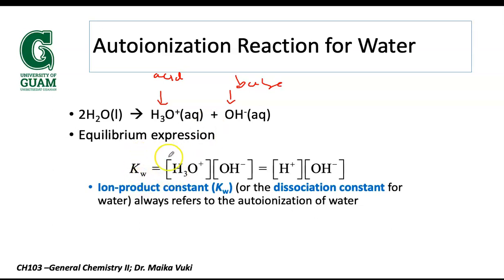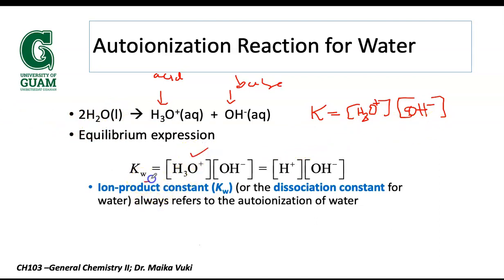So an important relationship here. When you write the equilibrium constant K of this, it will be the concentration of H3O+ and OH-. And we know that water is a pure liquid, so you don't have any denominator in here. So this is exactly the equation.